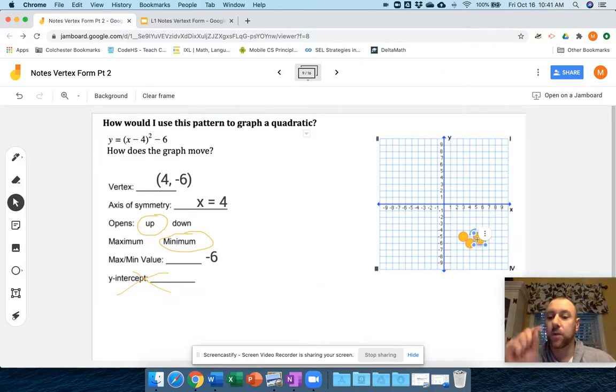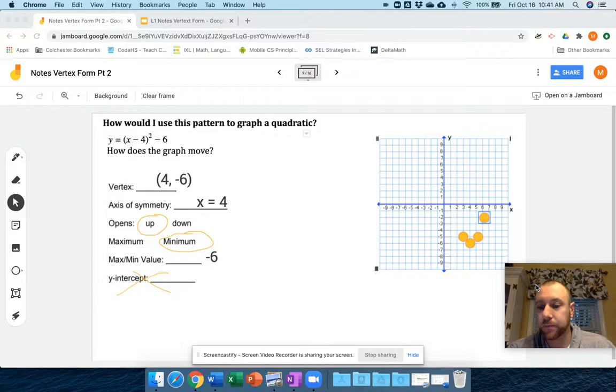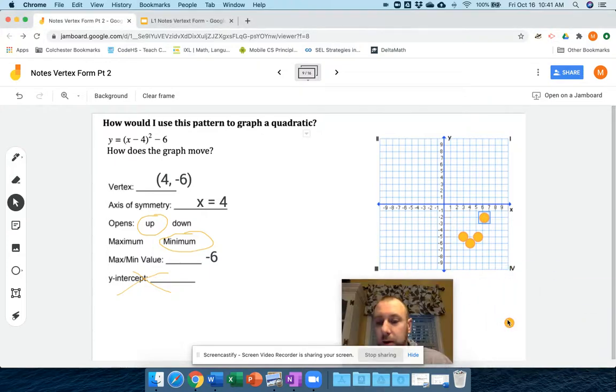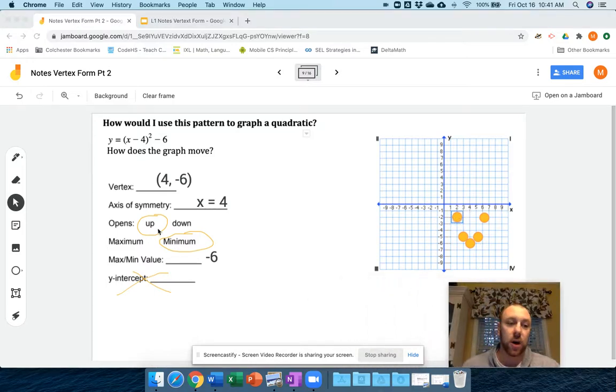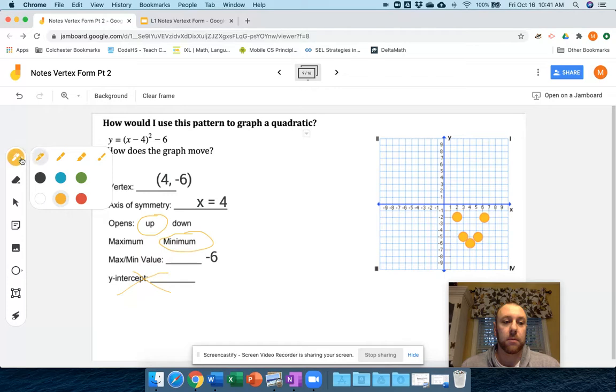Remember, it goes 1, 3, 5. So if I go over another one, now I'm going up 3 points. 1, 2, 3. And I have that point there. And I have, again, from this point, I go over 1 and then 1, 2, 3. And now I can actually draw my parabola right here. So it goes down and then goes up.